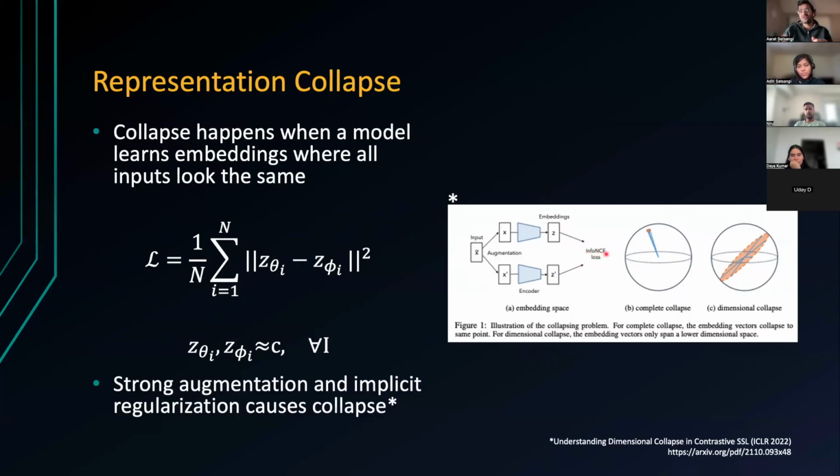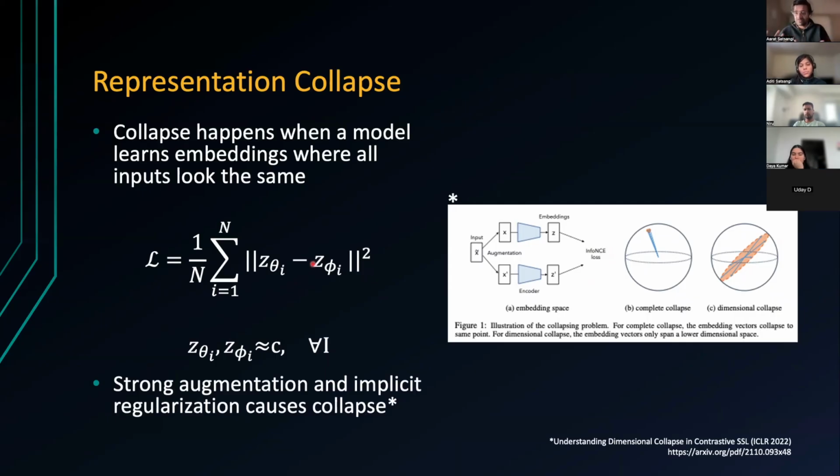InfoNCE loss is a very common loss that is used in contrastive learning. We'll look at what contrastive learning is. So there will be a comparison of two embeddings using some L2 norm, and that will look like this. Now just imagine if the model learns the same representation for all of the different inputs that you're giving it.